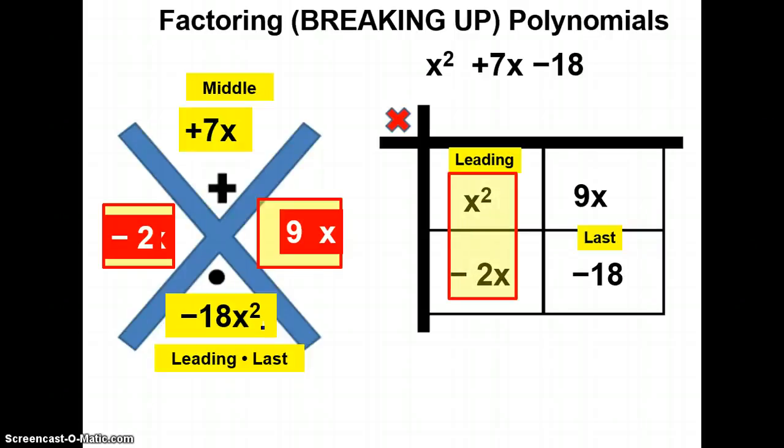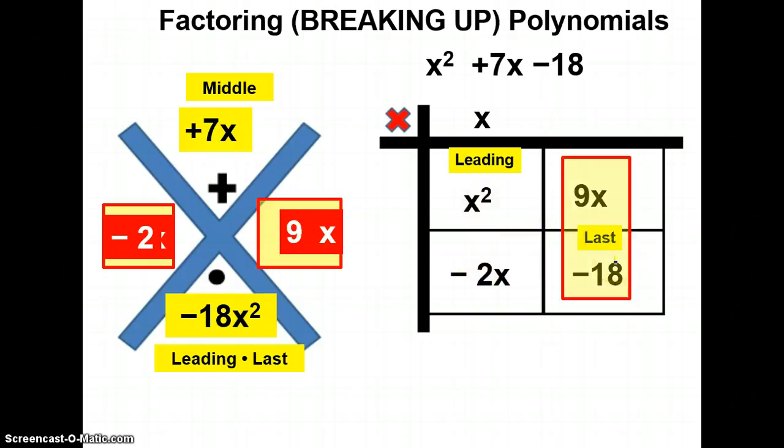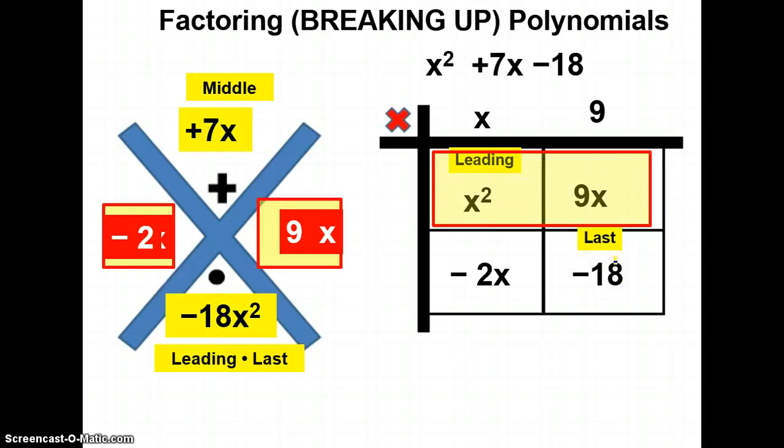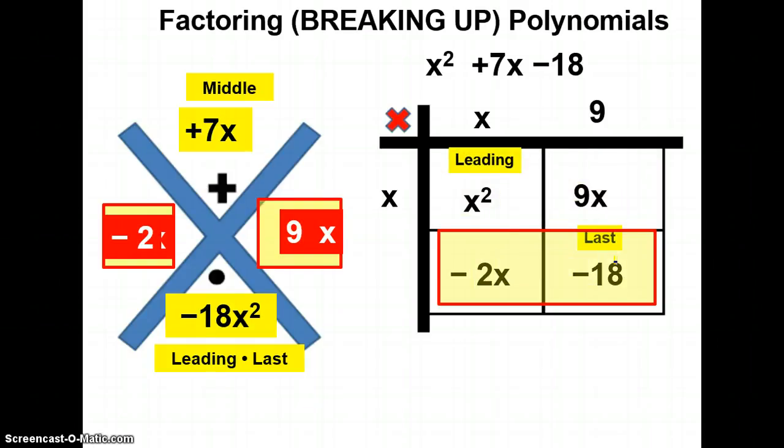What do these two have in common? What about these two? What are they a multiple of? What do these two have in common? And what are these both a multiple of? Again, my question is, where should I put the negative?